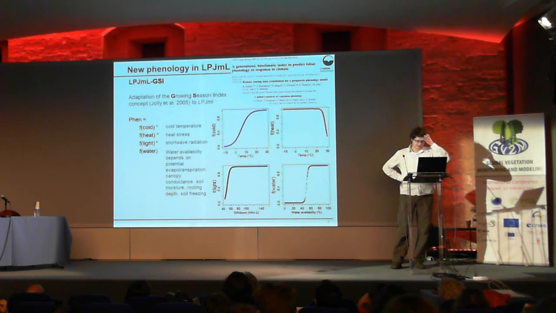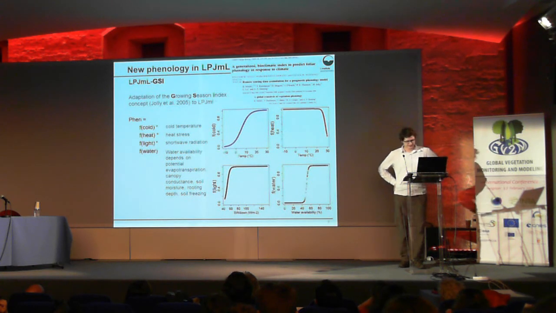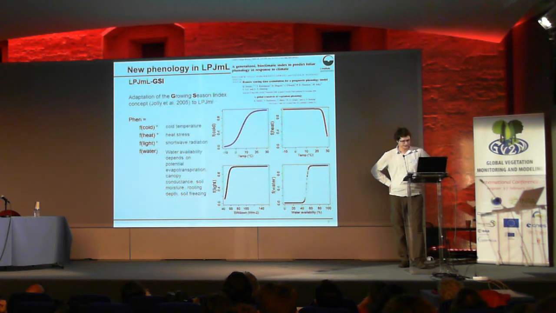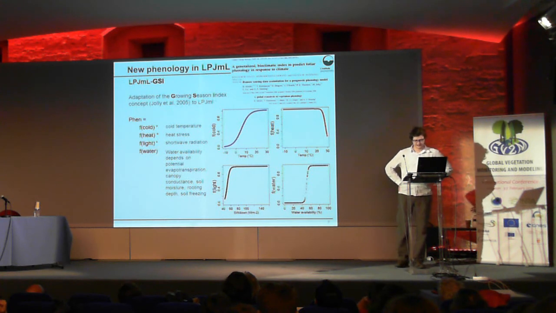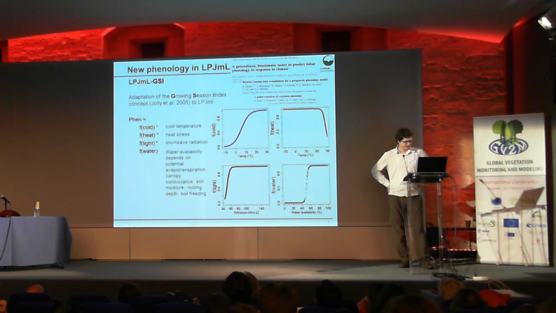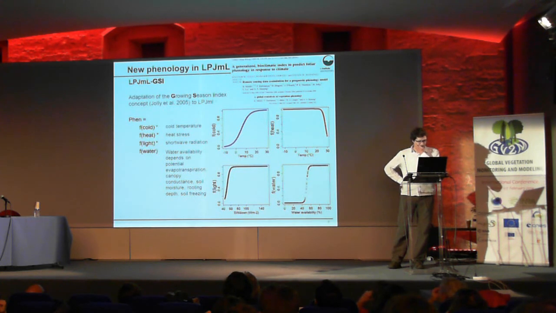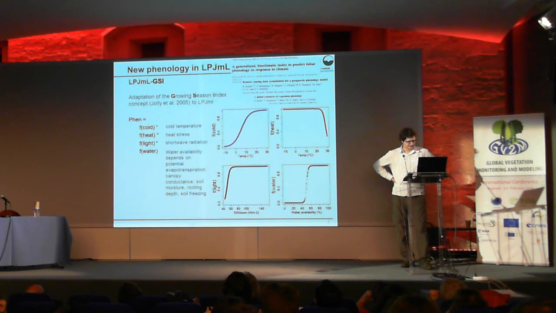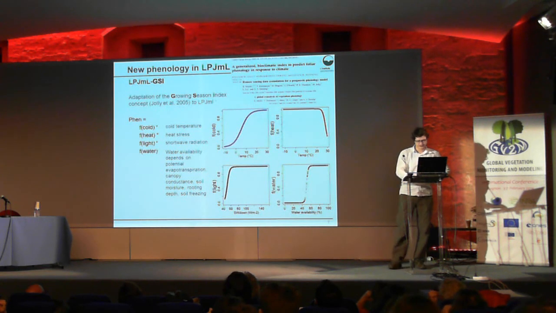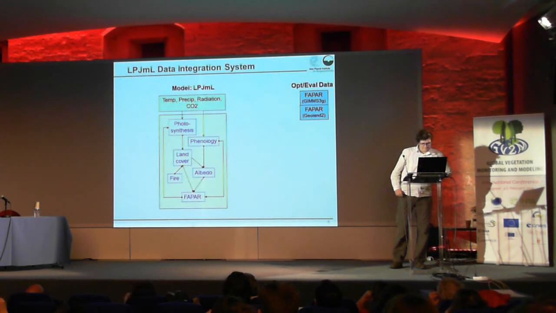There is one function for the phenology depending on cold temperature, on heat stress, on light availability, and also on water availability, which here depends on soil moisture, amongst other things. The combination of these four phenology functions, they are at the end multiplied, and phenology is calculated based on these four functions.